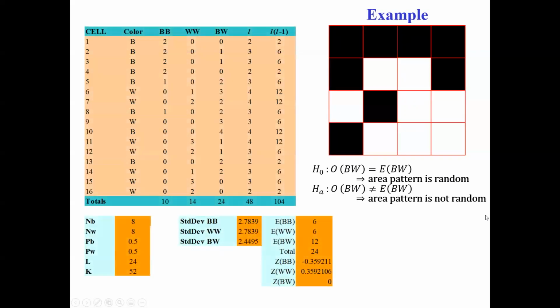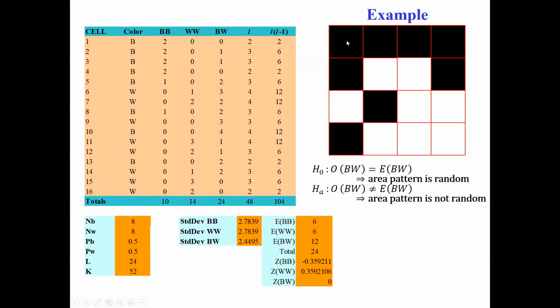Okay, so I will show you this huge table. The first column is the name for each cell. We have cell 1, cell 2, cell 3, cell 4, and so on. Eventually, this cell is cell 16. We have 16 cells, and the color for each cell, and the number of BB joins for each cell. For example, for cell 1, there are 2 BB joins.